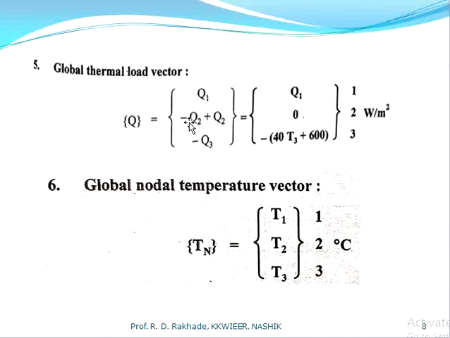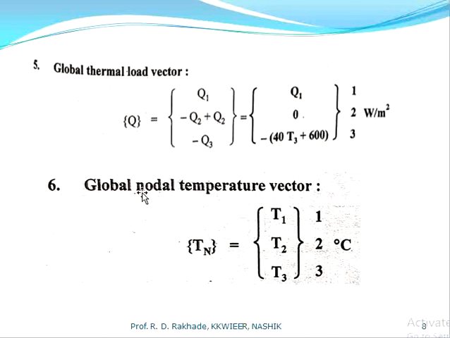For element 2, there are two nodes, positive Q2 and negative Q3. 1 2, 2 3: positive, negative, positive, negative. In this way we can create the global thermal load vector. The value of Q1 is unknown; minus Q2 plus Q2 get cancelled, equal to 0, and minus Q3. We already defined the value of Q3, that is 40 T3 plus 600. So in this way we create the global thermal load vector.